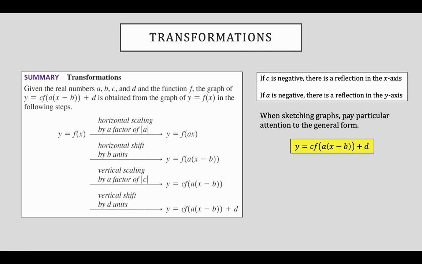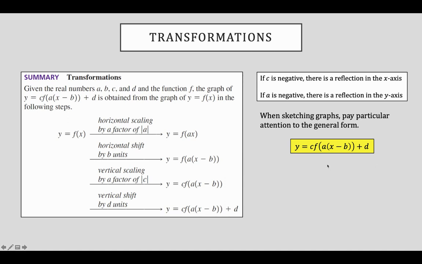So when you sketch your graphs, pay particular attention to this general form: y equals c times f of a times the quantity x minus b, plus d. From here, identify the constants a, b, c, and d, and that will tell you the transformations that you have.